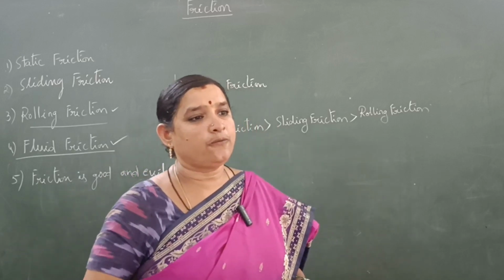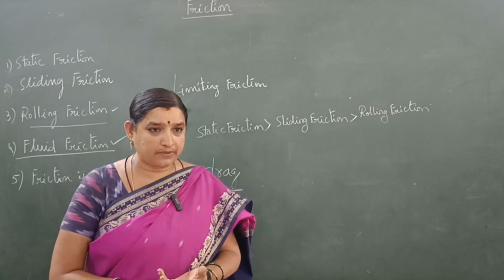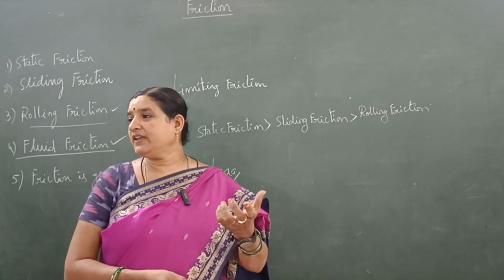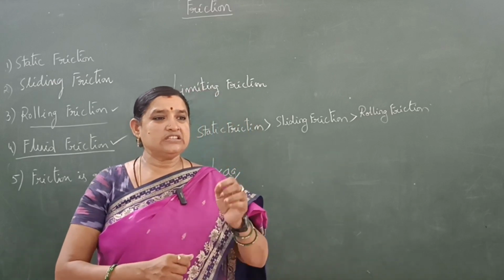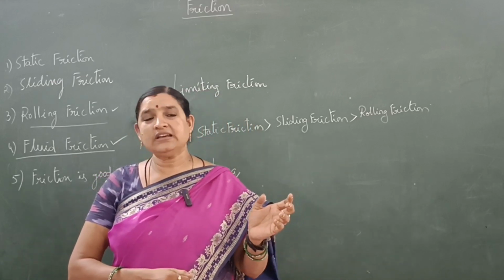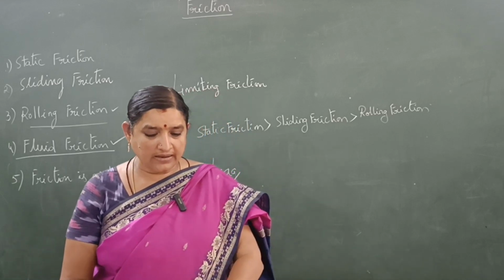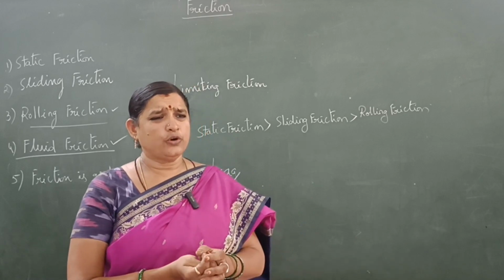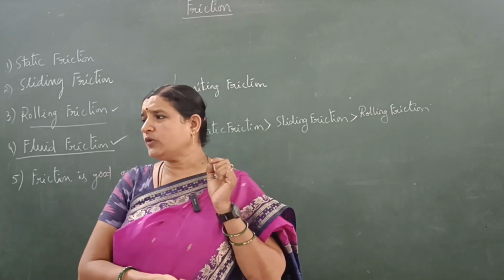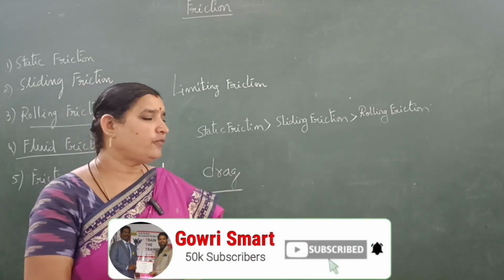But liquids and gases do not have a definite shape. They acquire the shape of their container. If you flow a liquid, each and every particle cannot move with the same speed. Some particles will be attached to the floor and the remaining will flow. So the substances which flow are called fluids. Liquids and gases are called fluids.